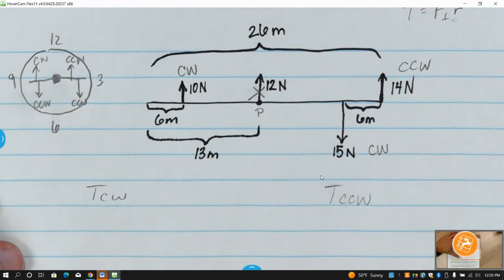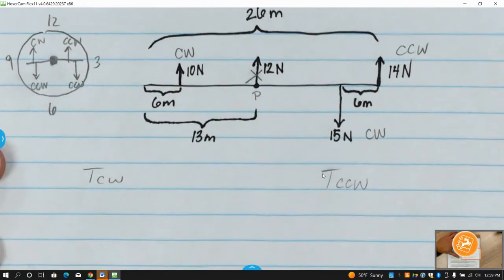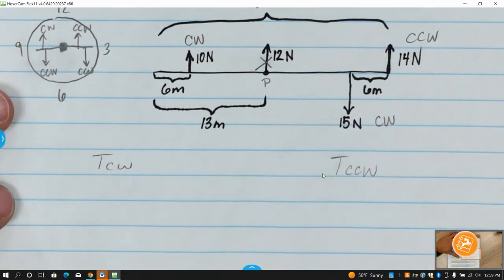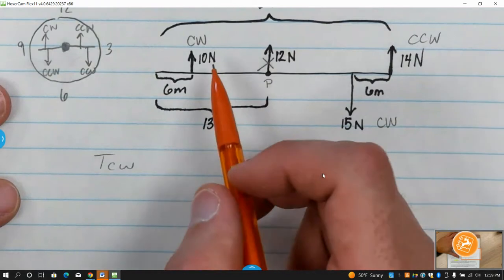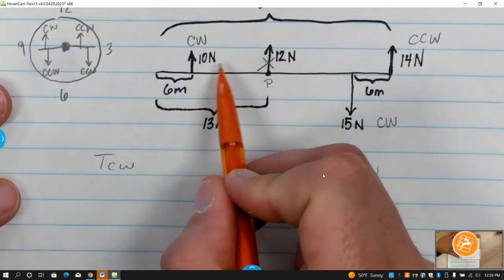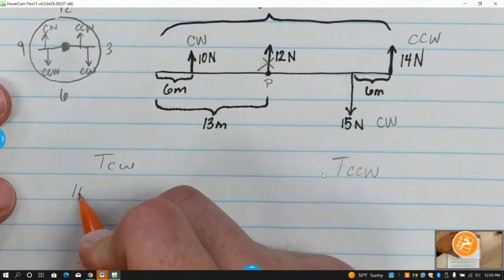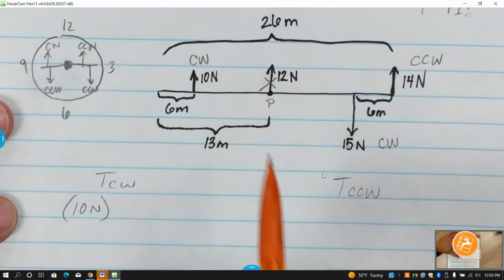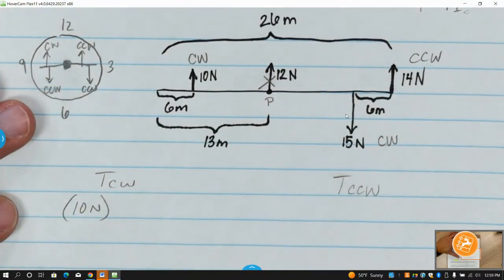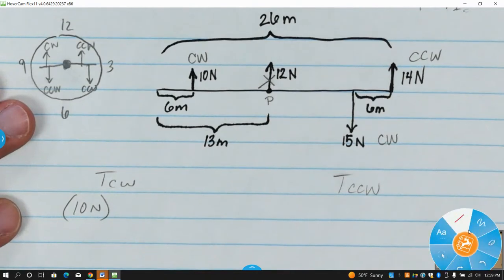Okay, and now we just need to figure out the rest of our pieces of information. Let's do the clockwise ones first. 10 newtons is clockwise, so I'm going to say 10 newtons. How far is this 10 Newton force from P? 13 meters. Well, no, hold on.